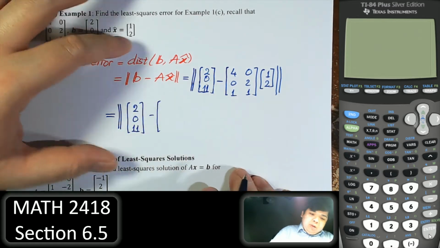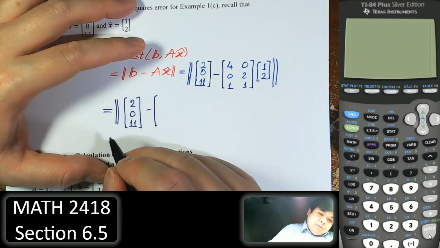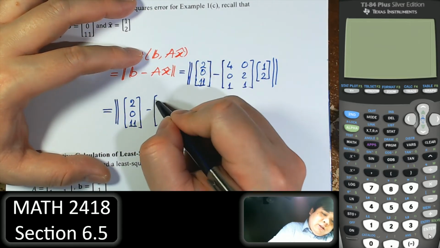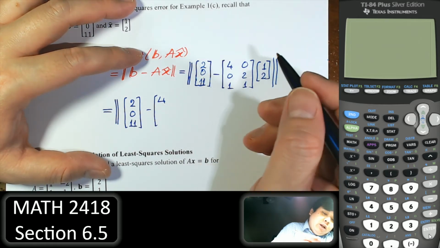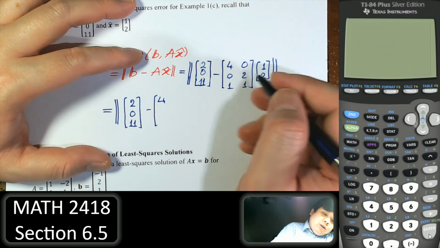Subtract row times column. 4 times 1 is 4, 0 times 2, 0, 0 times 1, 2 times 2 is 4.